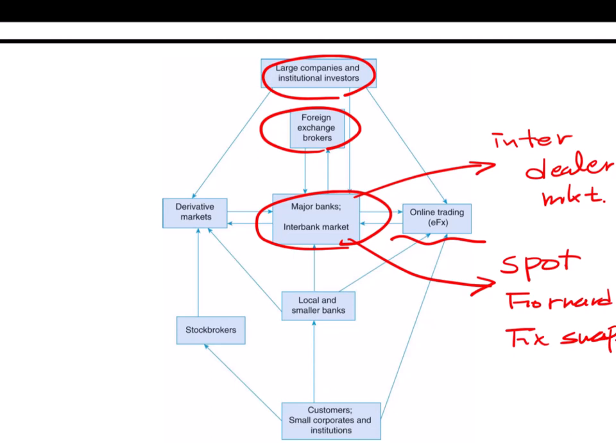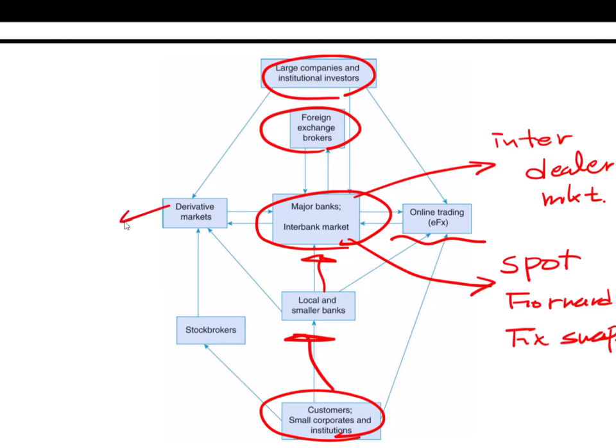And as a retail customer, you can exchange foreign currency with these small banks here. They go to the major interbank market and trade with the dealers in this market. Nowadays, customers can directly go to the online trading system to trade foreign currency.